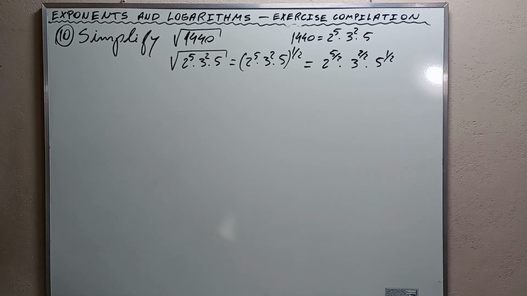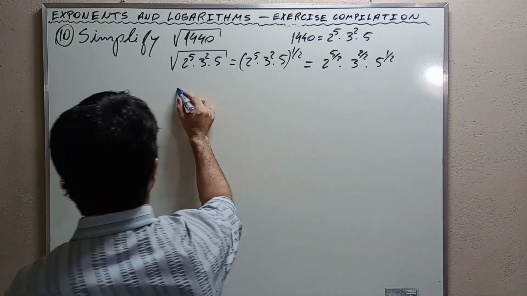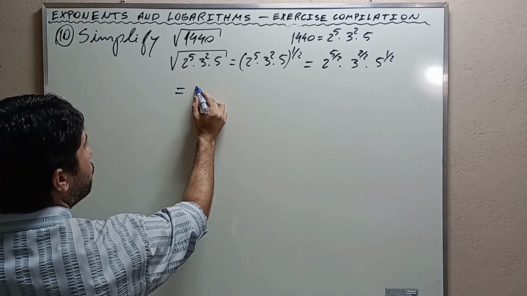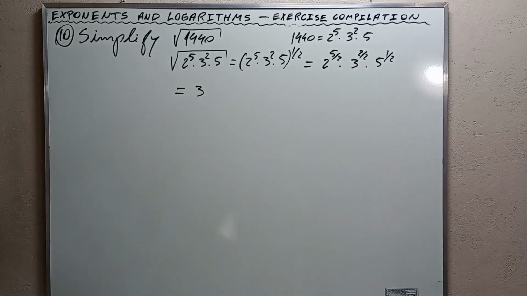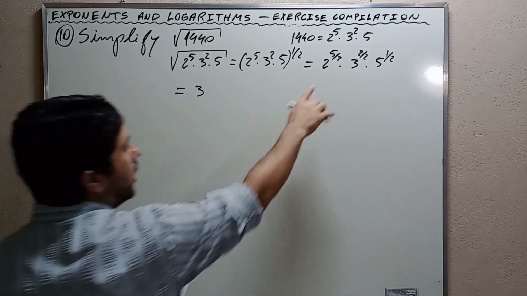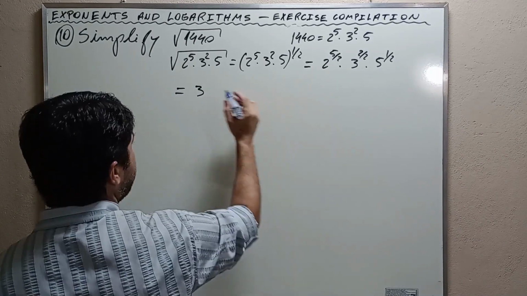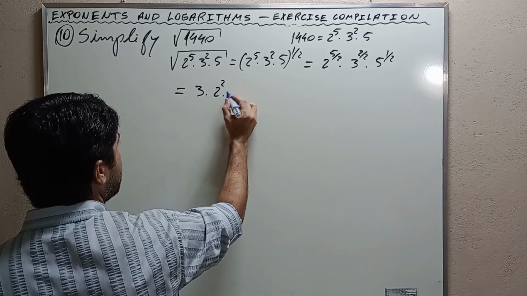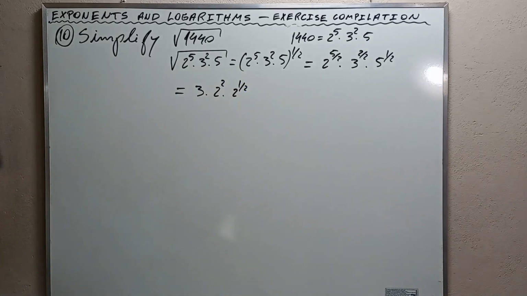And in this way, we find that it is equal to 3, since 2 divided by 2 is 1, 3 raised to the power of 1 is equal to 3, times, I'm going to split it apart here, this 2 here, and I find that it is 2 squared times 2 raised to the power of a half, okay?